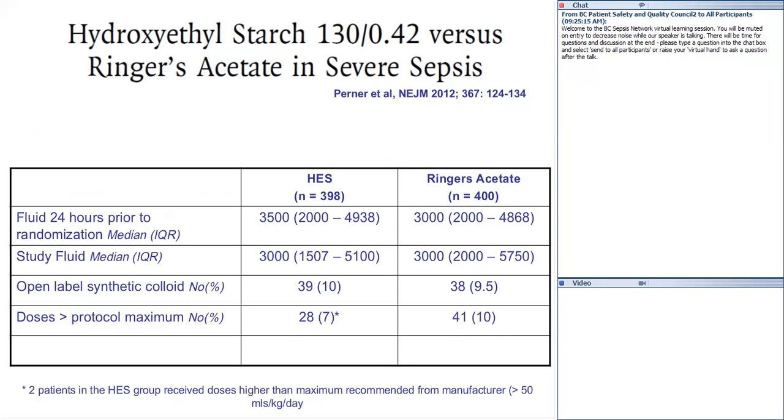And one of the criticisms was, well, the reason that there was harm noted in that study related to the fact that they just gave loads and loads of starch. Well, this study didn't seem to give lots of starch. So just to make that point, very little open-label synthetic colloid use between the two groups, and less than or equal to 10% in both groups received doses that superseded the maximum protocol.